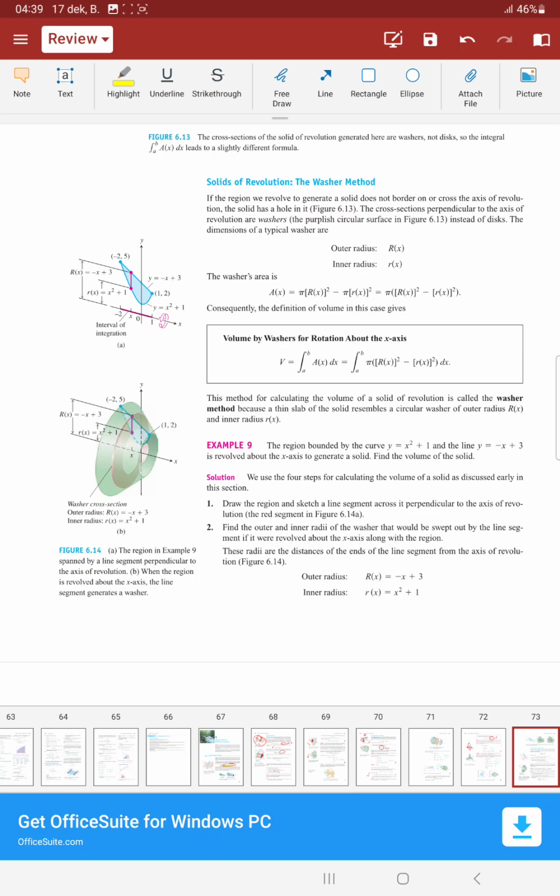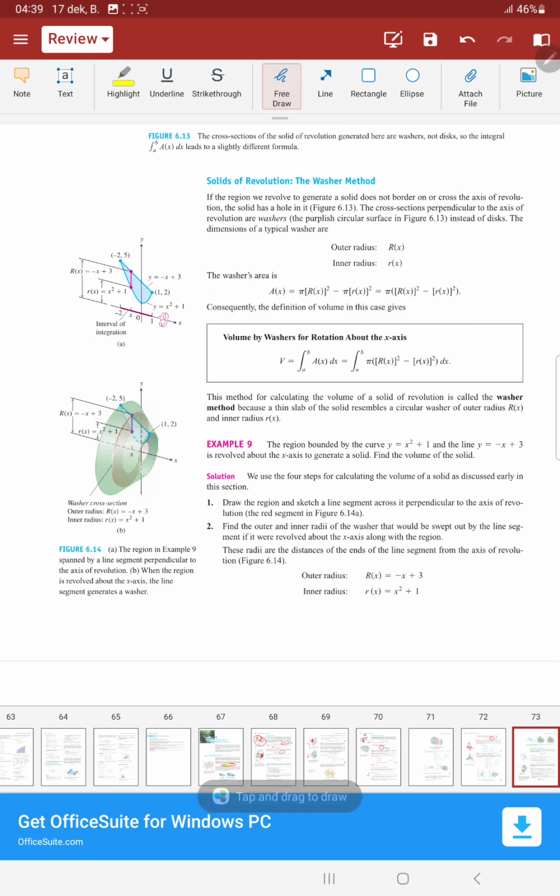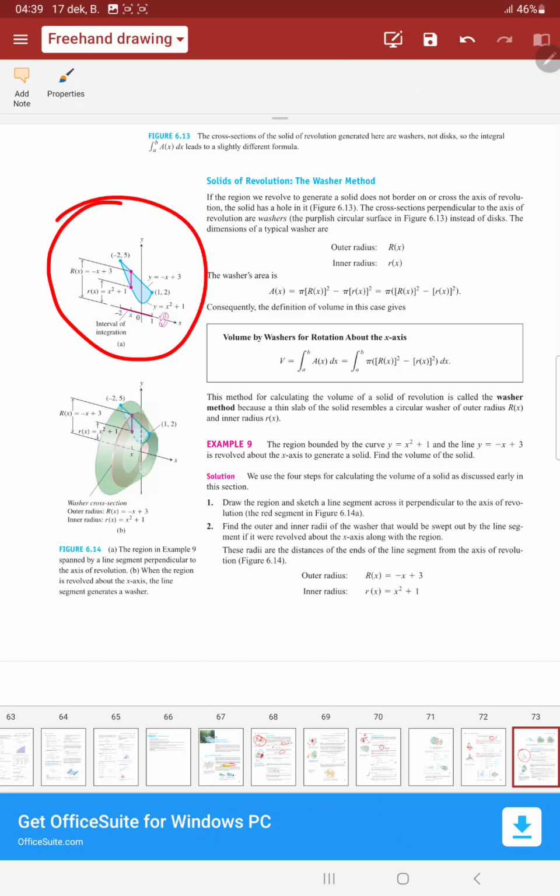You can ask, it's obvious that if we have one radius, it's pi r squared, but what about when we have another radius? You may also ask, how am I supposed to know that when I rotate this solid by the x-axis, I will get two radii? That's a good question, but you should imagine.